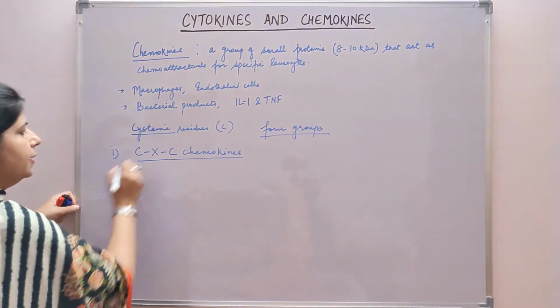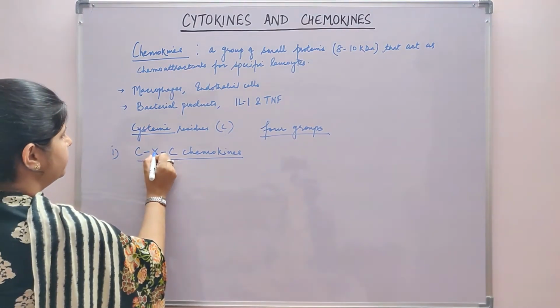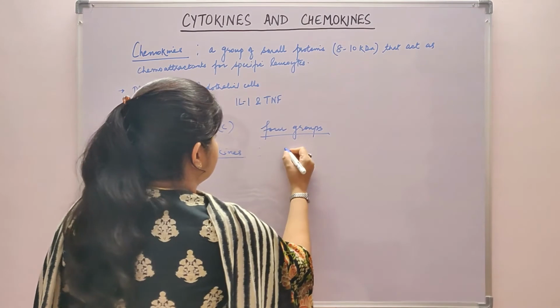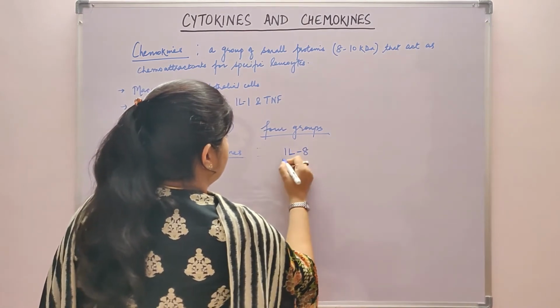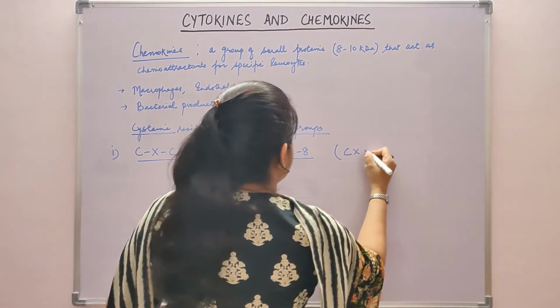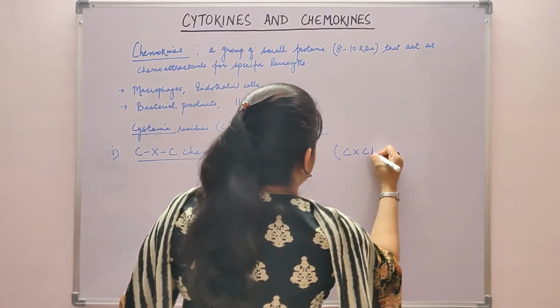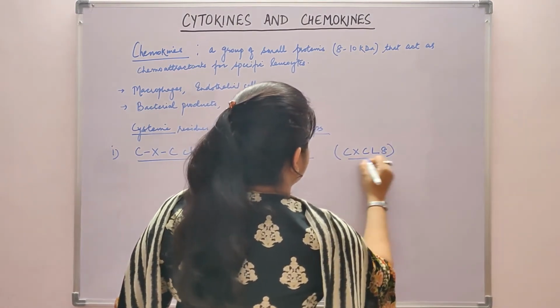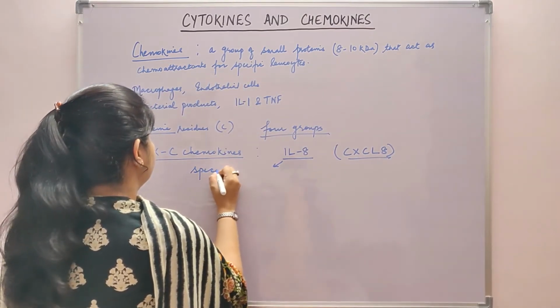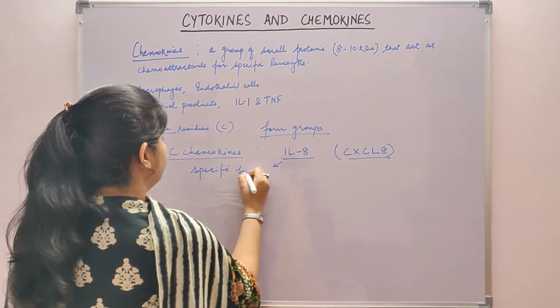In these, one amino acid residue is between the 2 cysteine residues. Example is interleukin 8, also called CXCL8. Now this is specific for neutrophils.